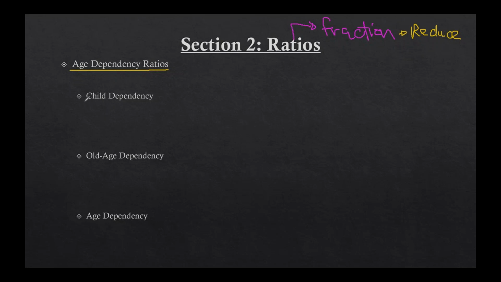So when we talk about child dependency, well, these are children who are dependent on workers to provide for them. And we always want to compare to workers. So in words, a child dependency ratio is children divided by workers.